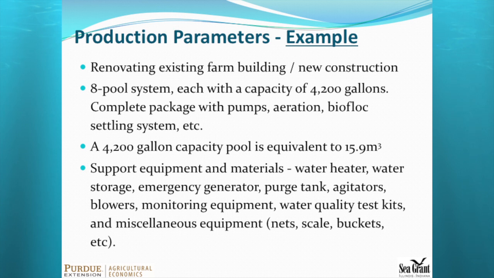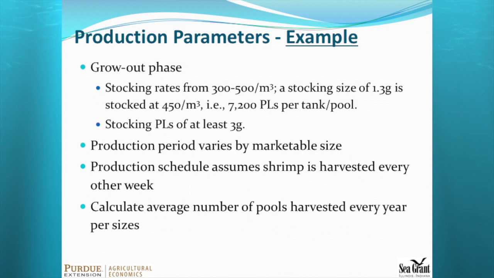This is pretty much a biofloc system, and I think that's probably about a 15-foot pool for each tank. I won't go into all this, but basically it's got the stocking rate, the size of the animals, and then the numbers that follow will vary by those different production parameters.